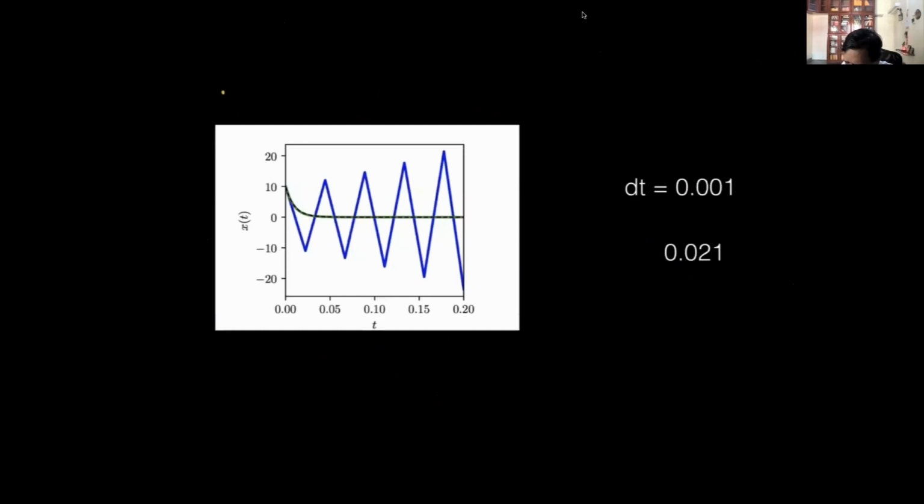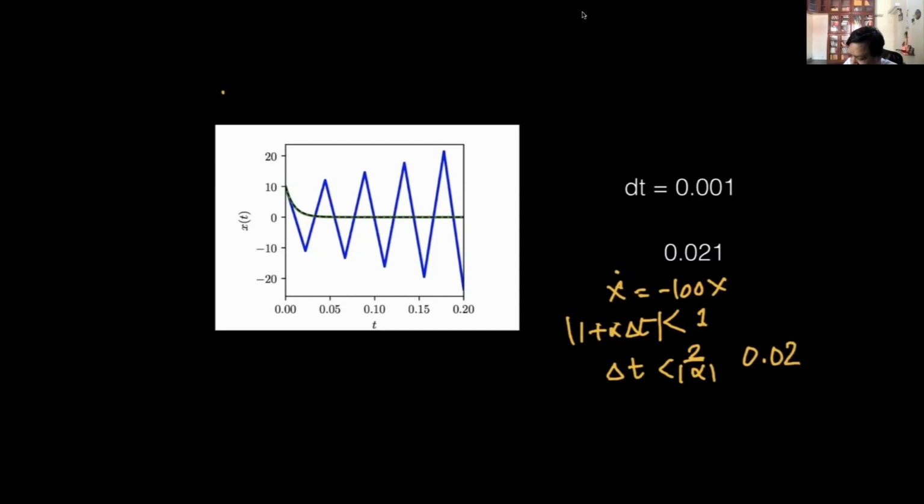This is what I plotted. So this is the equation x dot is minus 100x. The condition mod of 1 plus alpha delta t less than 1 tells me that delta t must be less than, you can easily check, 2 by mod alpha. So 2 by mod alpha is 0.02.